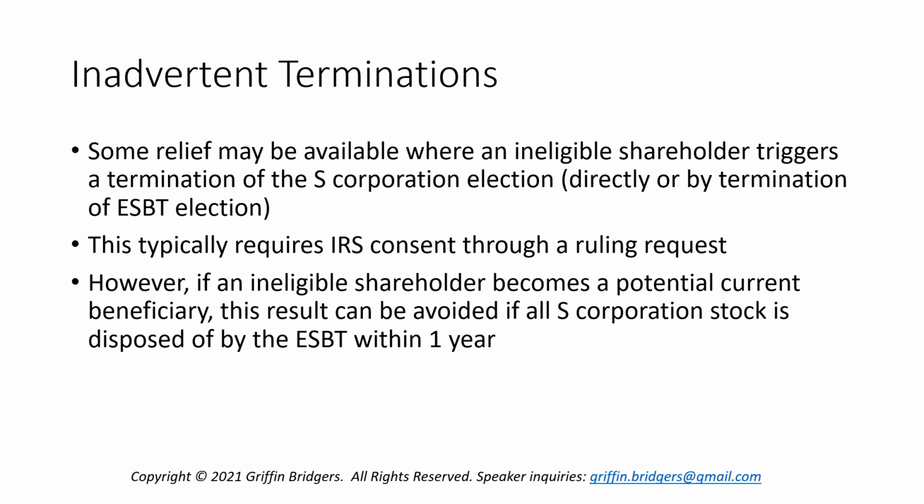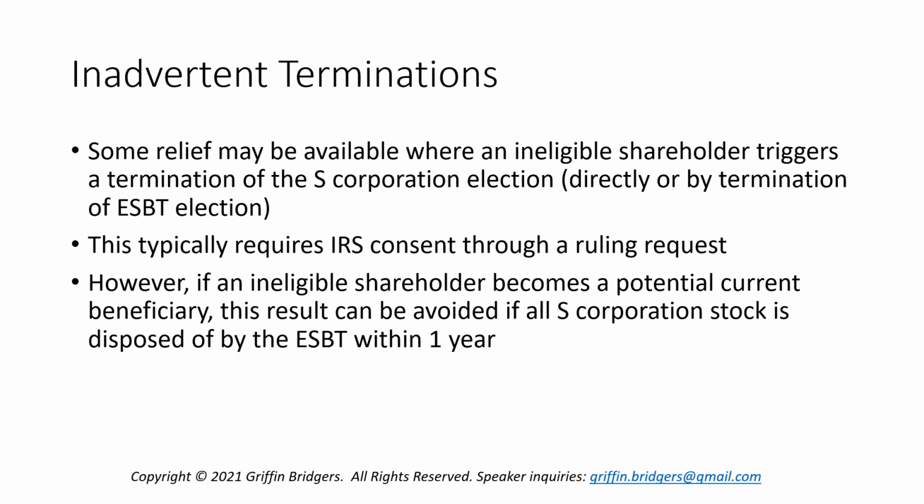But there is one exception here to note, and that's that if you have an ineligible S corporation shareholder who becomes a potential current beneficiary, then you have 1 year to dispose of all of the S corporation stock, and if the ESBT disposes of all that stock in the 1 year period such that that ineligible potential current beneficiary is no longer a look-through S corporation shareholder, then you can avoid an inadvertent termination.